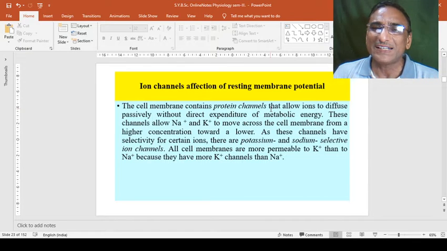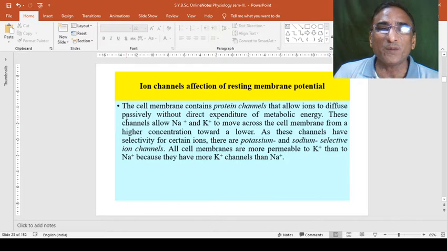So the protein molecules form the channels that allow ions to diffuse passively without direct expenditure of metabolic energy. As I told you last time, whenever the movement of an ion does not use any metabolic energy, it is called passive transport.